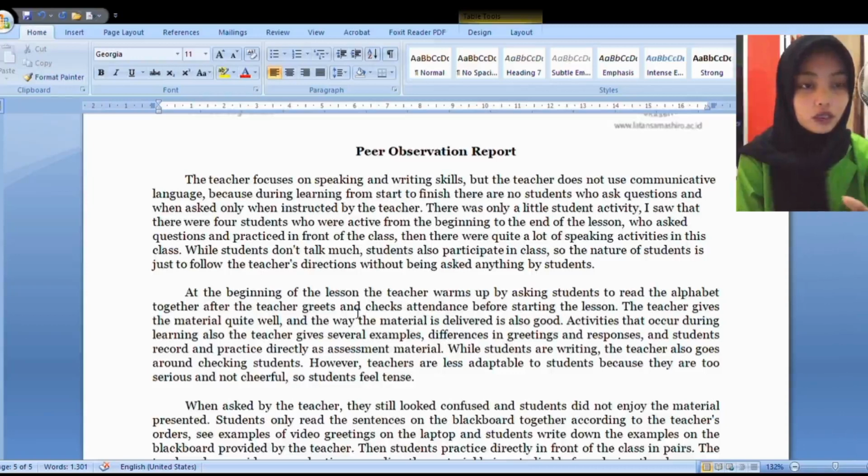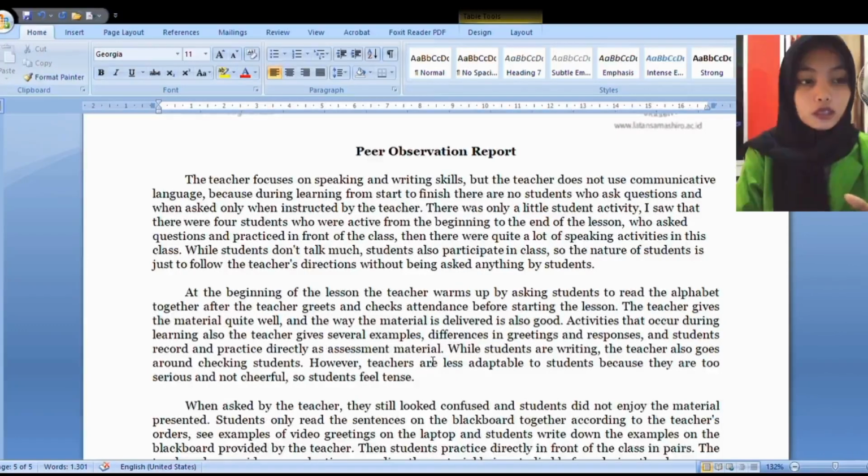After the teacher greets and checks attendance before starting the lesson, the teacher gives the material quite well, and the way the material is delivered is also good. During learning, the teacher gives several different examples of greetings and responses, and students record and practice directly as assessment material.